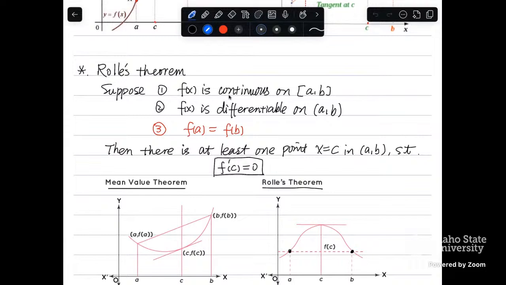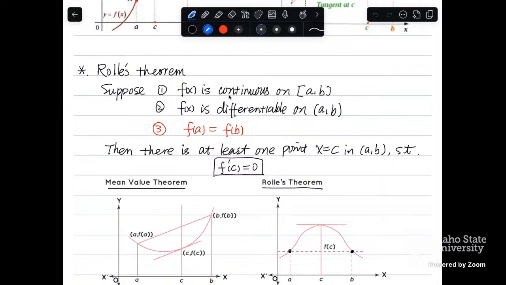But in addition, if we know the function values at those two endpoints are the same, so f of a equals f of b, what we conclude is that there's at least one point such that the derivative equals 0.